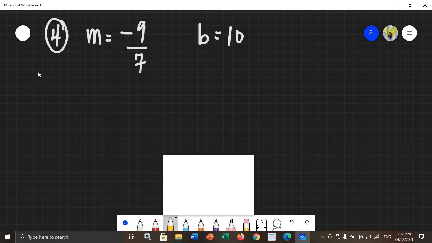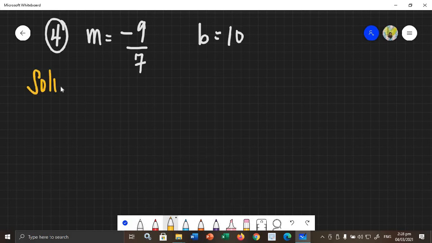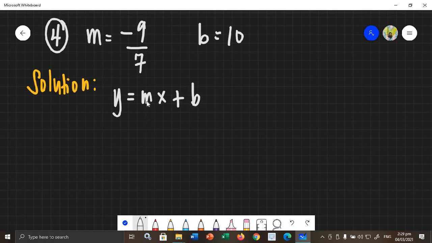So again, using the slope-intercept form, y equals mx plus b. And then, substitute natin yung given na slope and y-intercept, which is negative 9 over 7x. And then, we have a positive y-intercept, so lagay natin is positive 10.